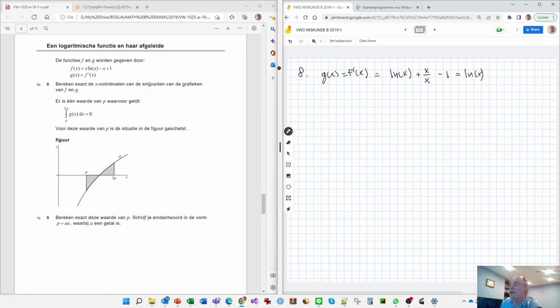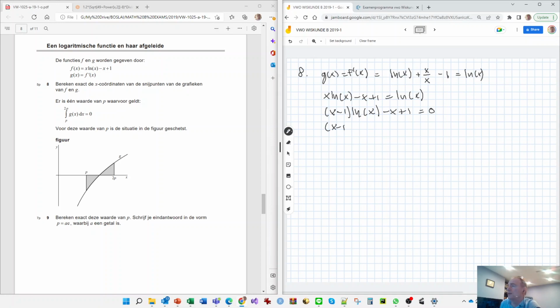And then set it equal to f, I get log x minus x plus 1 is equal to log x. We just move the log x here to the left, minus x plus 1. And if x is not equal to 1, we just factorize x minus 1 actually.